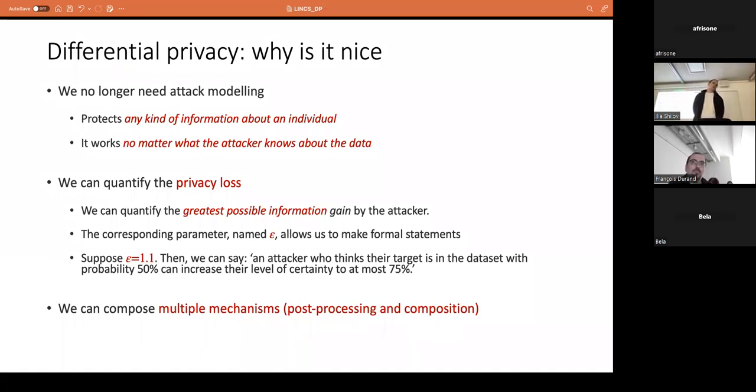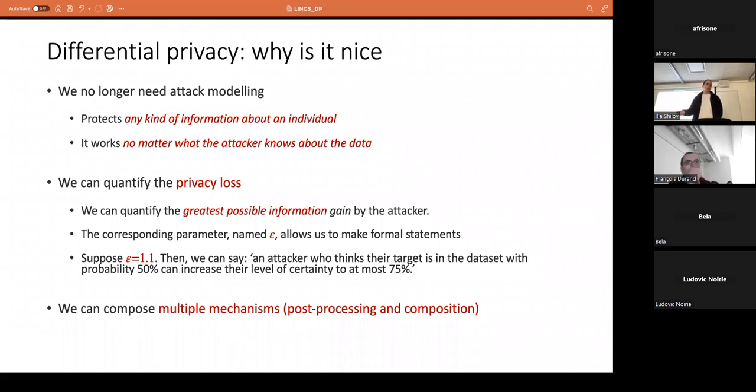Linkage attack is post-processing, basically, which means that we don't care, because even if the attacker knows everything in the database with some auxiliary information, still they can't infer anything about, I mean, they can infer something, but not a lot, up to epsilon, about our databases. And that basically is the defense against what you said, against linkage attacks. So when you make different queries, you compose some additional information that you gain from each query.